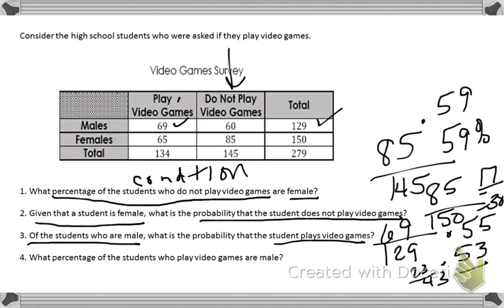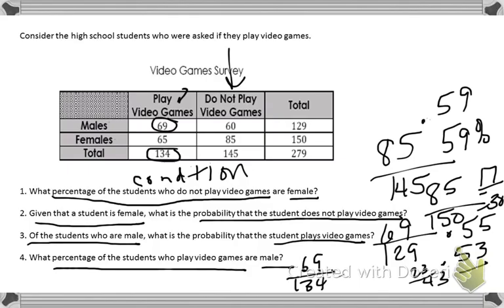Number 4, the percent of students who play games, there's our condition, are male. So, students who play games, let's find them. Here's play games. Here's students who play games. And here's male. So they want it as a decimal or as a percent.